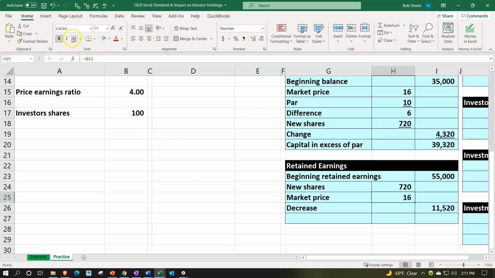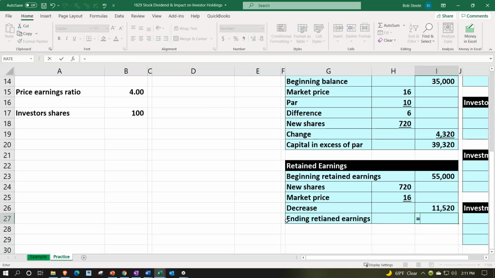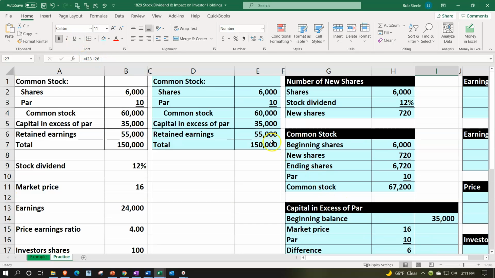Underlining, font group and underlining, arriving at the ending retained earnings we now have of the 55,000 minus the 11,520, underlining the 11,520, font group and underline. So there, 43,480 is what we'd expect to go here.